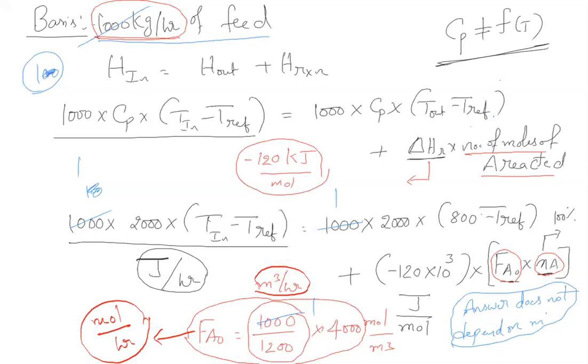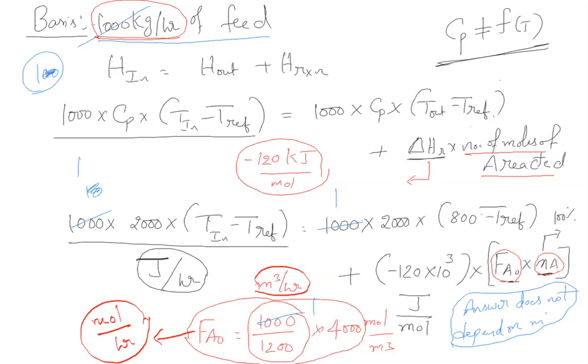Write this problem. An irreversible liquid phase reaction, A plus B gives P, is carried out in an adiabatic mixed flow reactor.